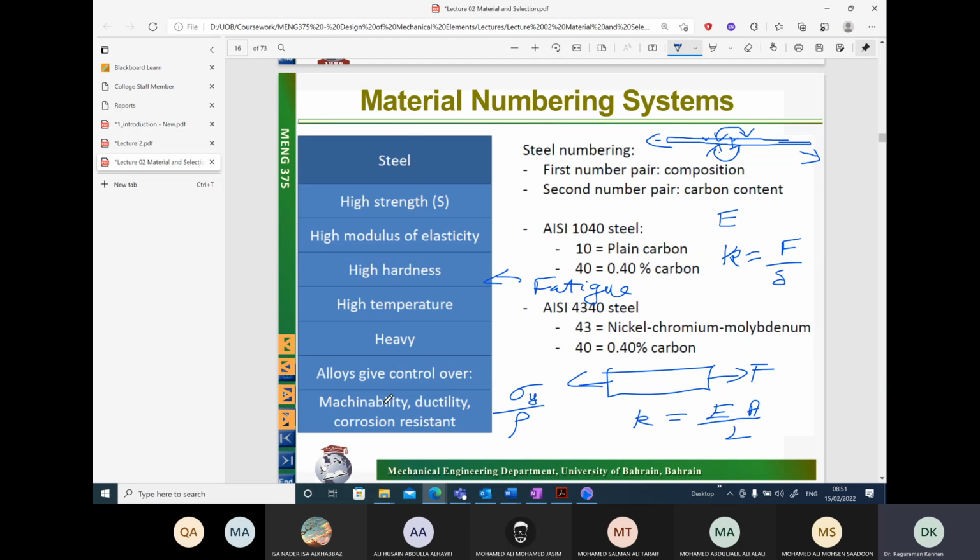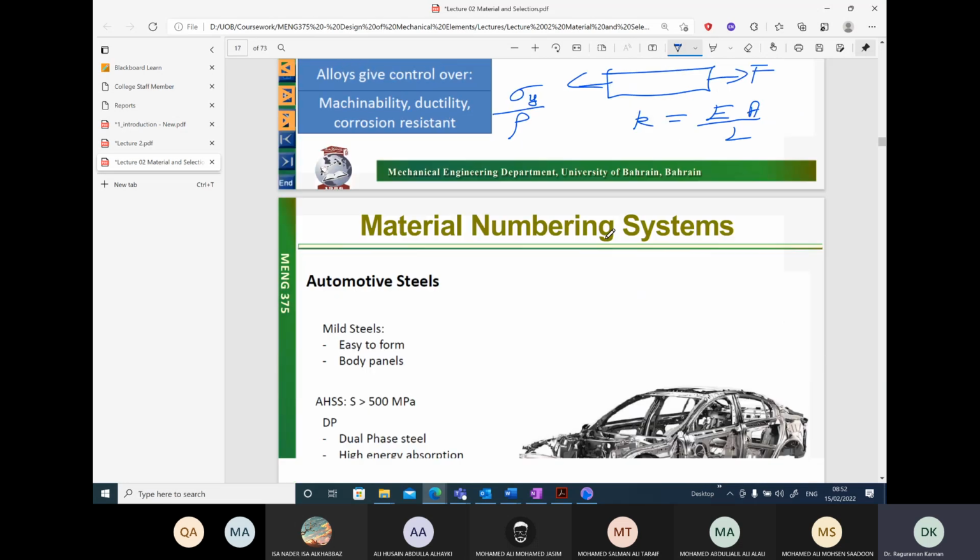You can easily cut the material and form it into different shapes. What does ductility mean? You can form it into different shapes by applying forces, or heating and applying forces. It also has good corrosion resistance, and by alloying, you can even increase the corrosion resistance properties of steel. So this is why we use steel extensively.